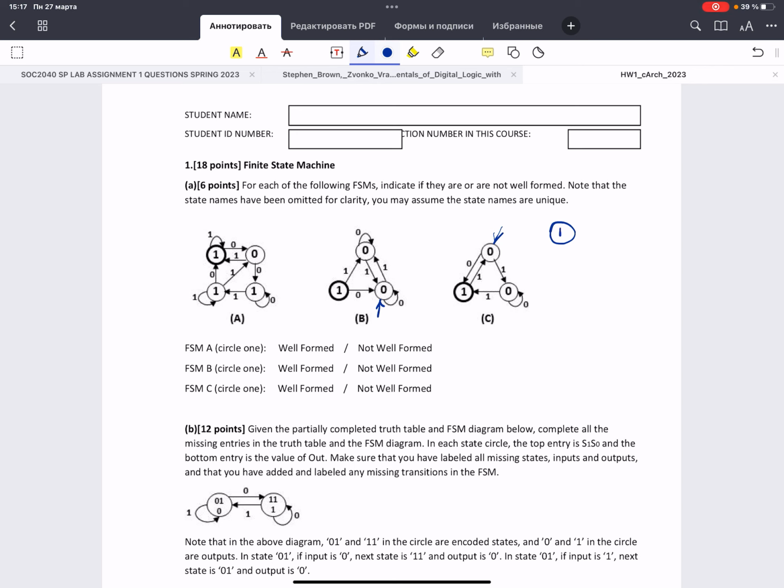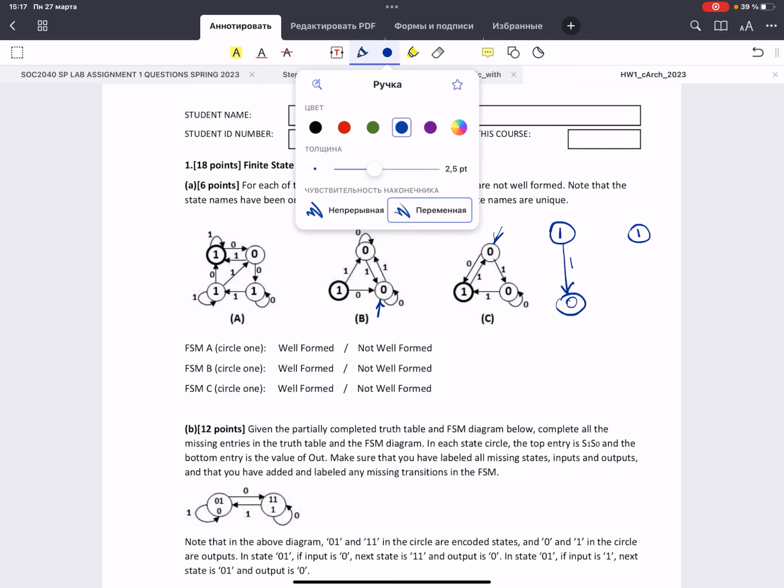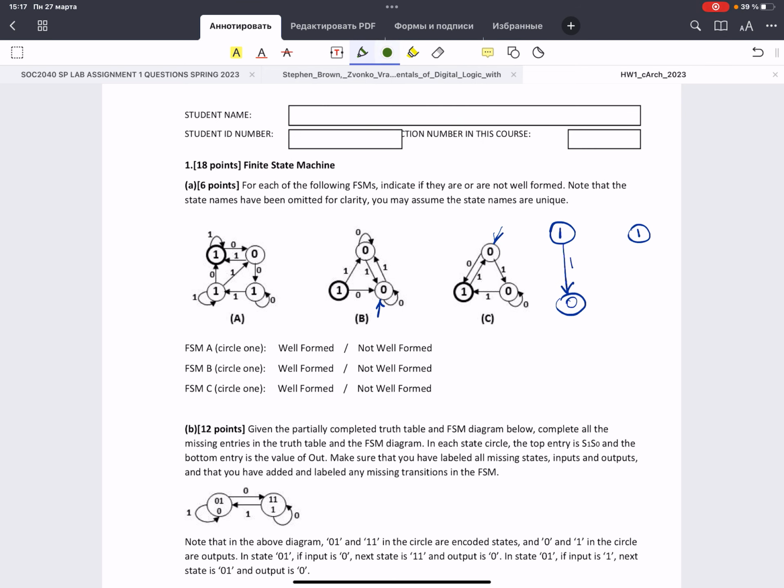For example, let's imagine there are 3 states, and I'm drawing an arrow. This is the input. Let's say the input is 1. What does this arrow mean? If you give input 1 to this state, the next state is going to be this state.